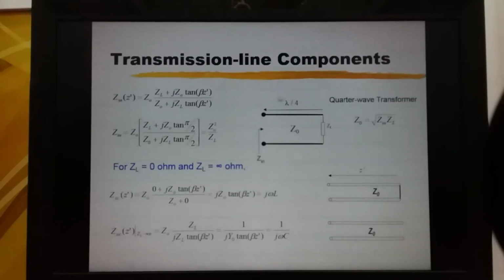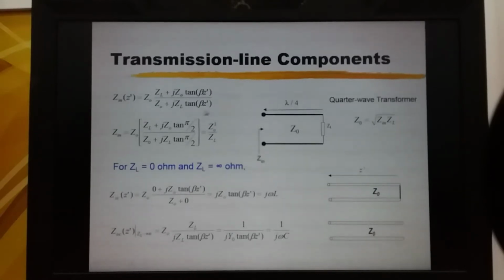Now when we perform this step up or step down of voltages, at the same time we are also doing step up or step down of the impedance.